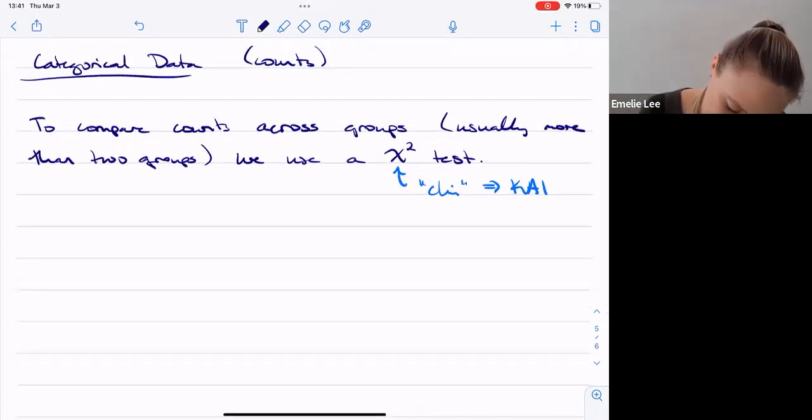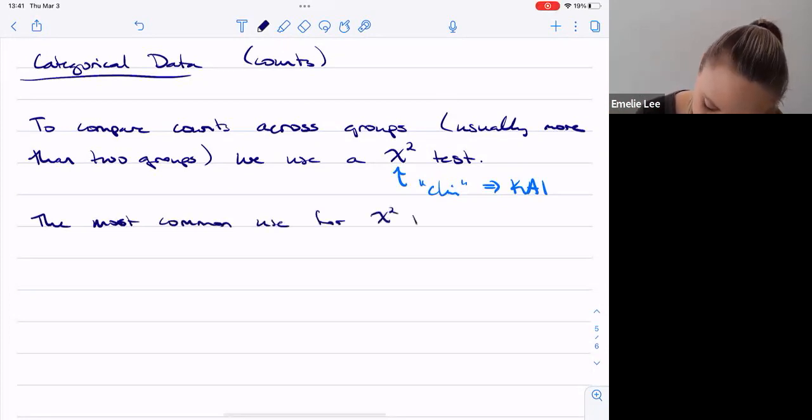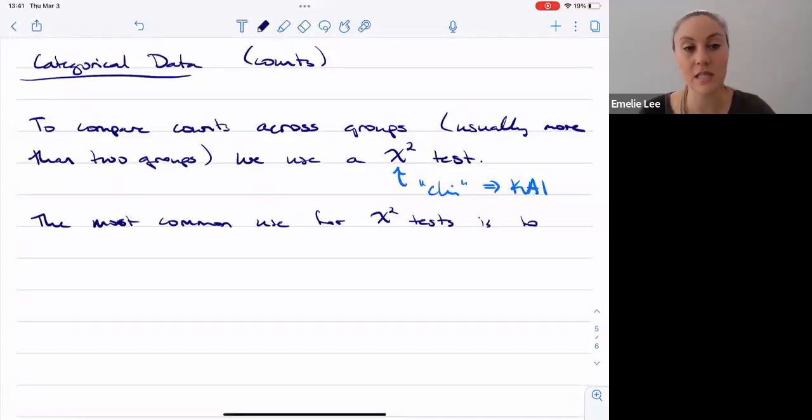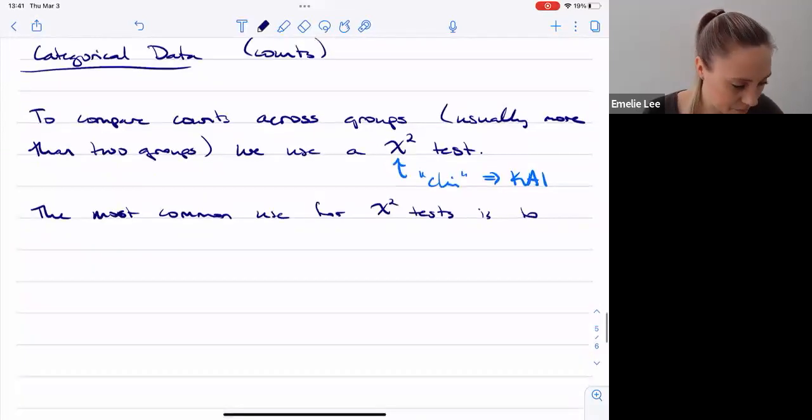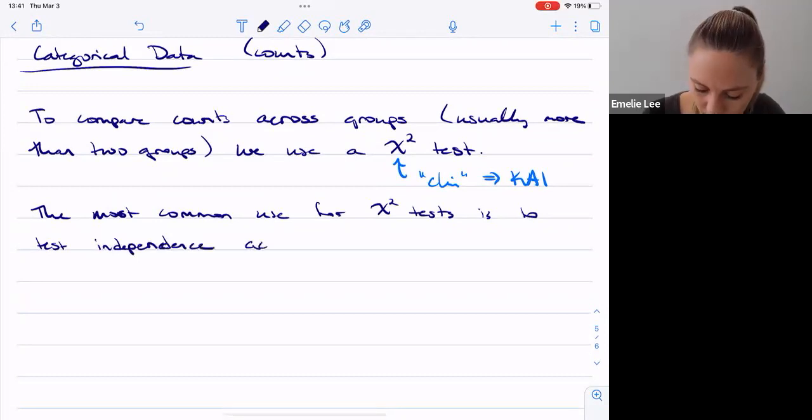And so the most common use for chi-squared tests is to test independence across groups.